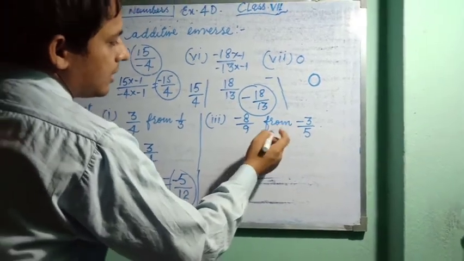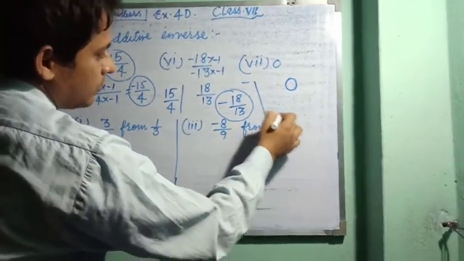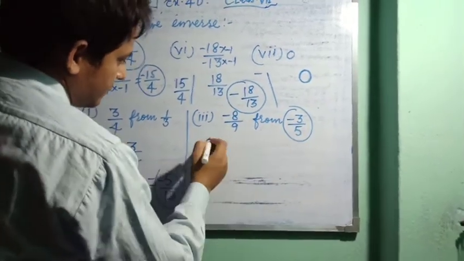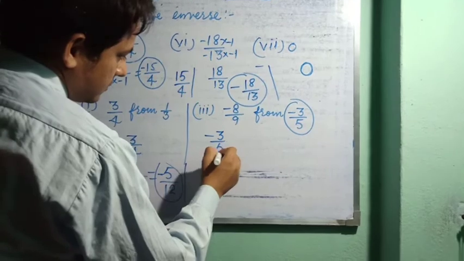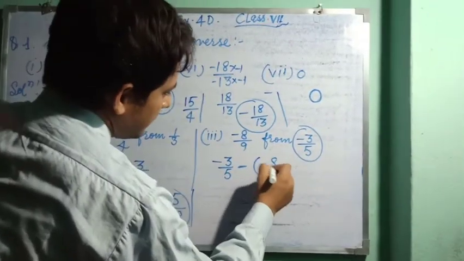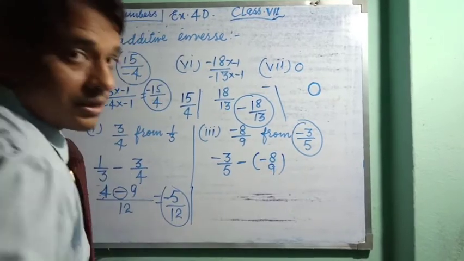Now first, whatever rational number is given after 'from', bring it first, place the minus sign because we have to subtract, then write the other number in brackets. Okay, why? Because it is a negative sign.